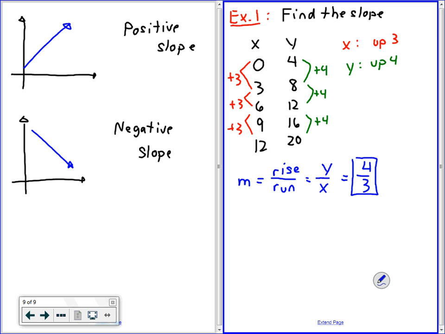Please note, never change it into a decimal.